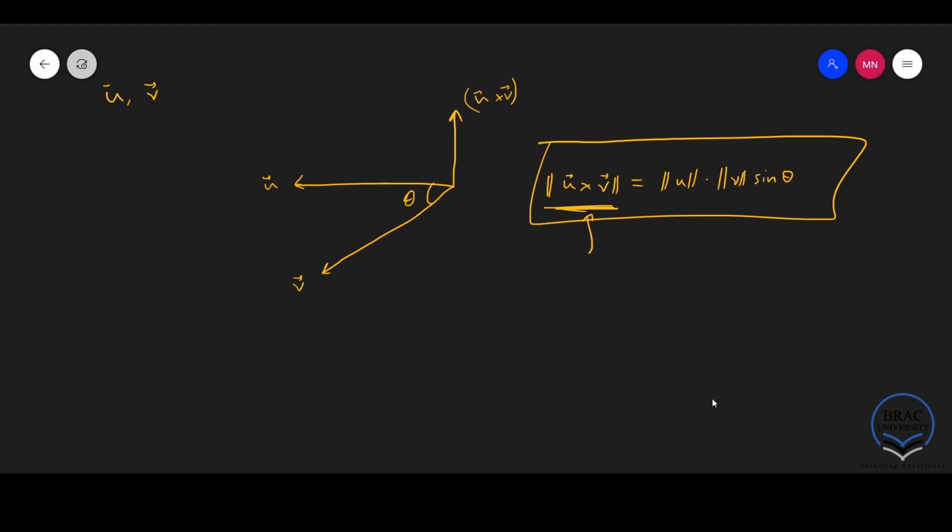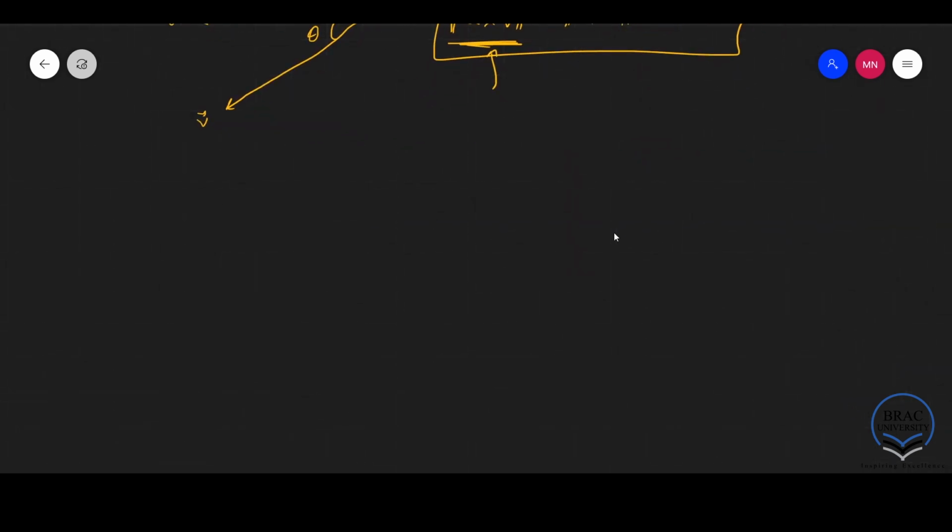So for example, let's take a look at a problem. Let's say we have 2 vectors v and w, where v is 3i minus 2j minus 5k, and w is i plus 4j minus 4k.